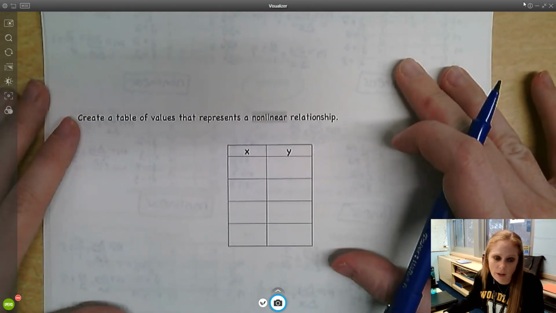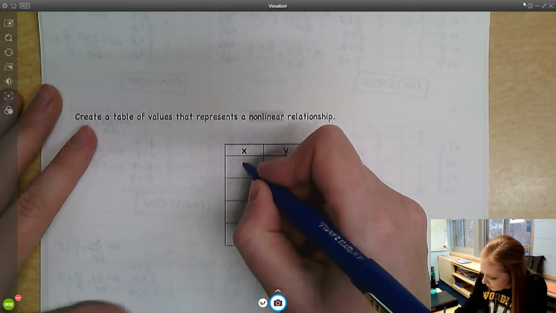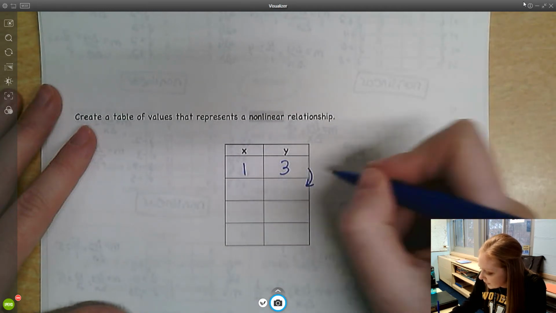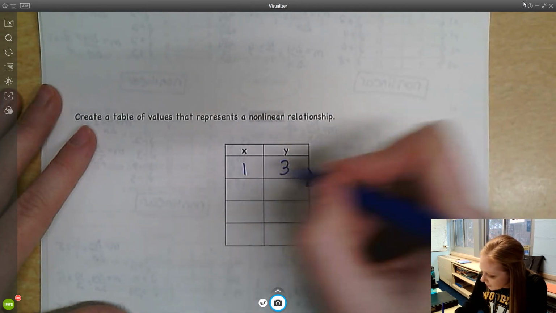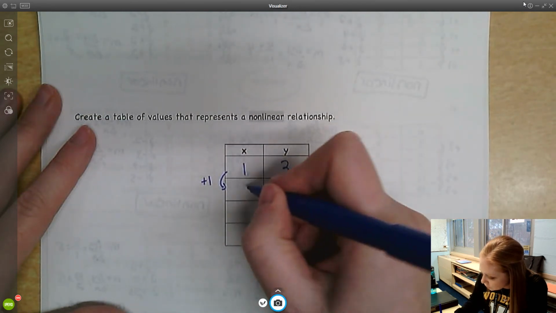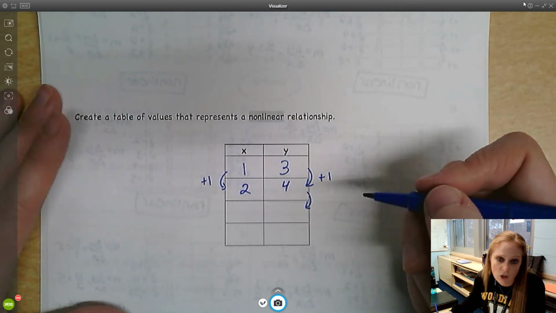Now create a table of values that represents a nonlinear relationship. All right, so I can start with whatever I want. So maybe I'll start with 1, 3. Nonlinear means the rate of change is going to be varying. So maybe I'll go up by 1 for my y's and 1 for my x's to start. So then I would have 2, 4. But then I have to make it different. The rate of change is going to be different.